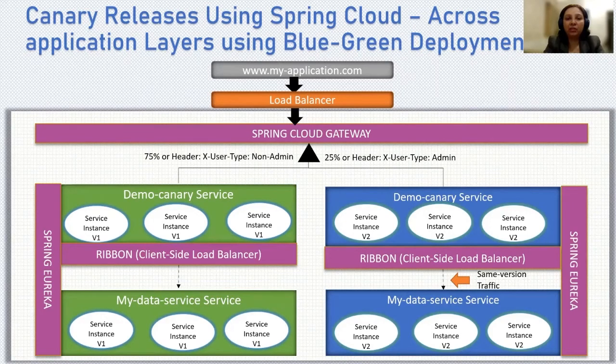Here, each deployment has its own Eureka server and each version of service is deployed on different Eureka servers. So version 1 demo canary will call version 1 my data service and version 2 demo canary will call version 2 my data service.